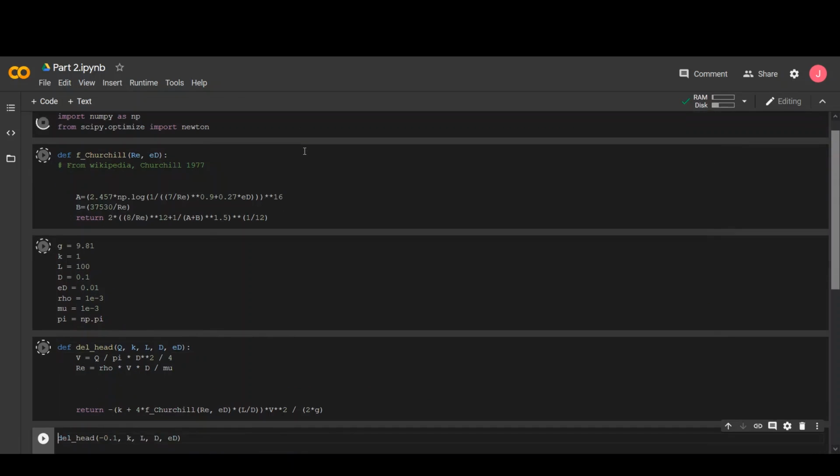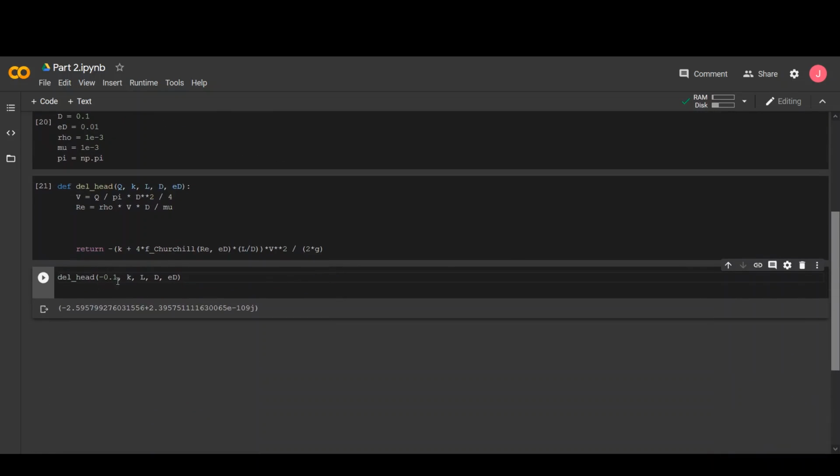I'm just going to rerun everything, and we'll use a negative flow rate again. Okay, we got that. It's a weird number. Why are we getting this? Something's going wrong. That doesn't seem right at all.